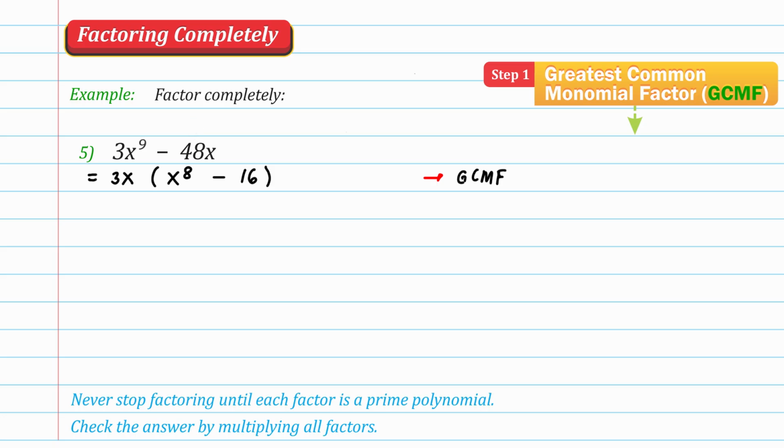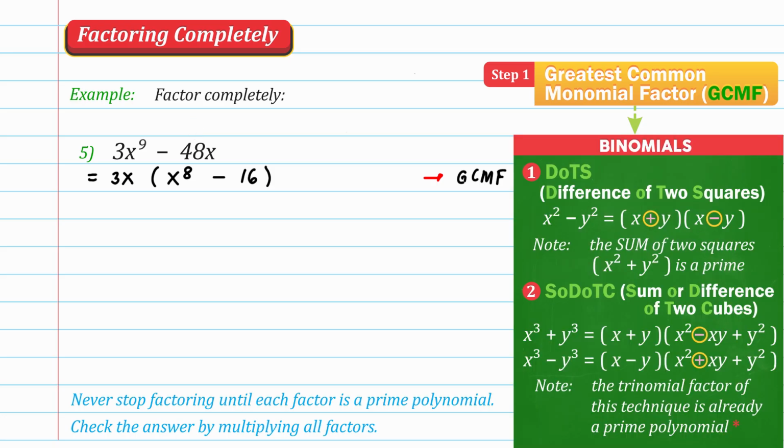What we have now is a binomial here. Remember that there are only two possibilities. It's either a difference of two squares or a sum or difference of two cubes. So let's copy 3x first, and then, looking closely at x to the 8 minus 16, is this a difference of two squares?